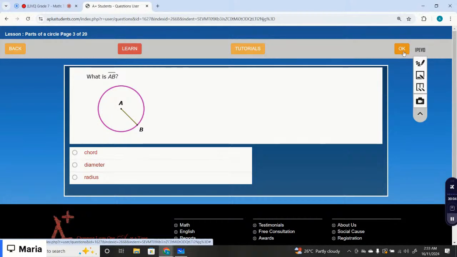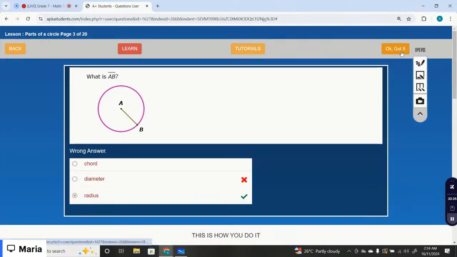What is AB? AB is a line that starts from the center of the circle and is touching any point on the circle. That is a diameter, right? The correct option is diameter it is. Oh, sorry, radius it is.